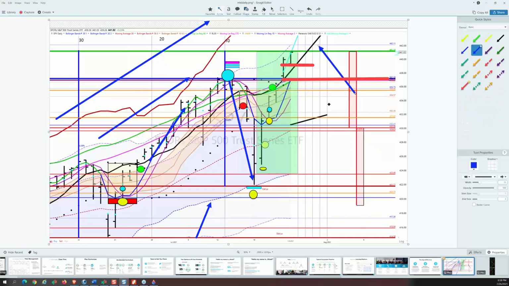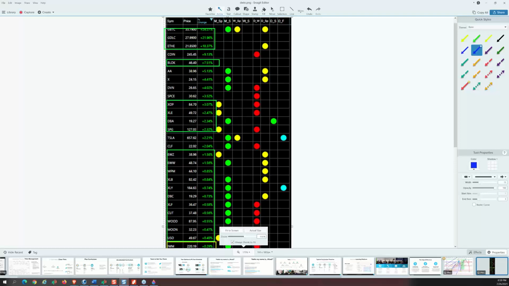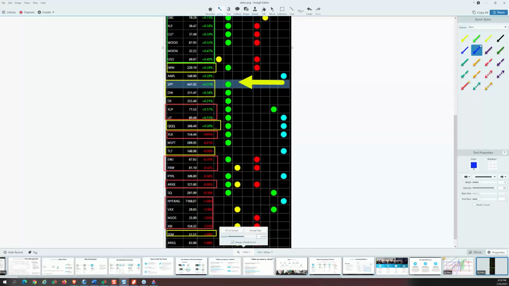Those two little knuckleheads. All right, let's look at the sectors. So today we had the S&P at plus 0.25. The Dow was about equal with that at 0.24.